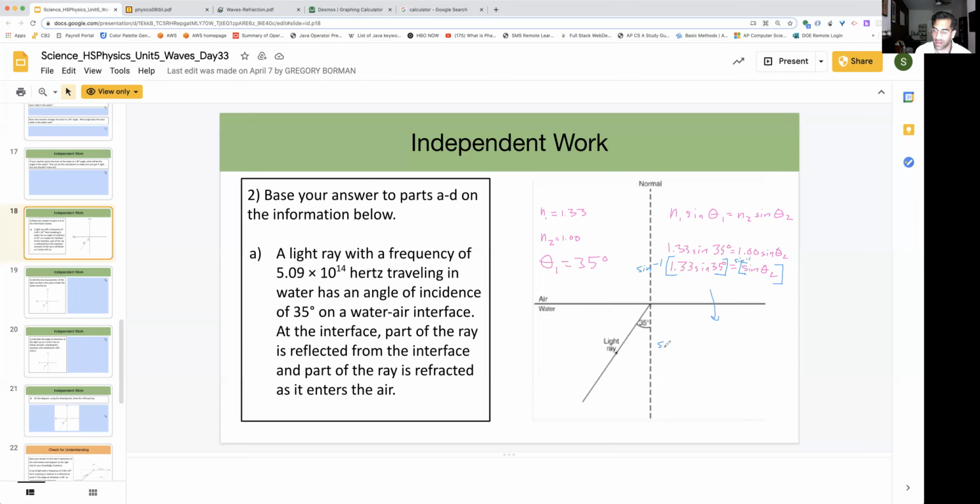And so I know that the inverse sine of 1.33 times the sine of 35 degrees, apologize for the handwriting, is equal to theta 2, because the arc sine and the sine are inverse operations. They cancel each other out. Once more to the calculator.